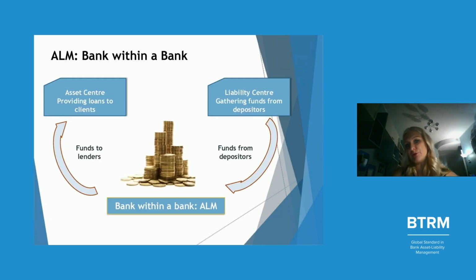So we use this term of ILM at the center, a bank within a bank, which plays this optimization role, this proactive role. How does it work? What are the main tools, the building blocks of this whole structure? This is the central structure.